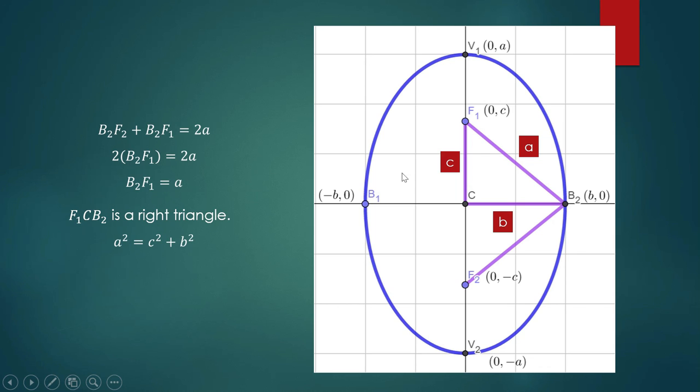The square of the hypotenuse is equal to the sum of the squares of its sides: a squared is equal to c squared plus b squared. And so this is where c squared comes in: c squared is equal to a squared minus b squared.